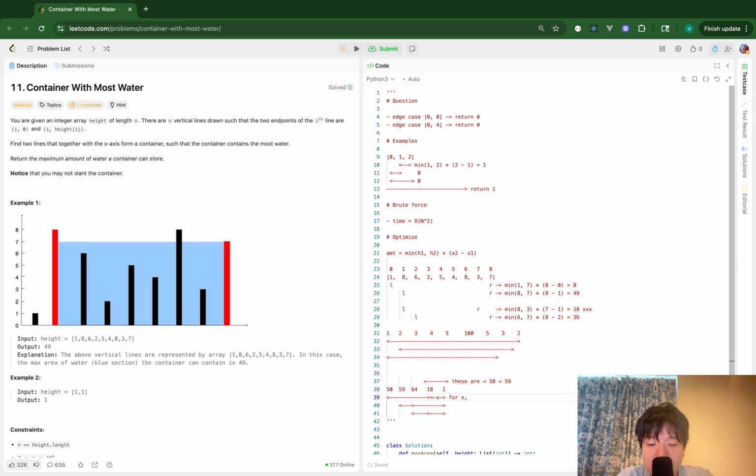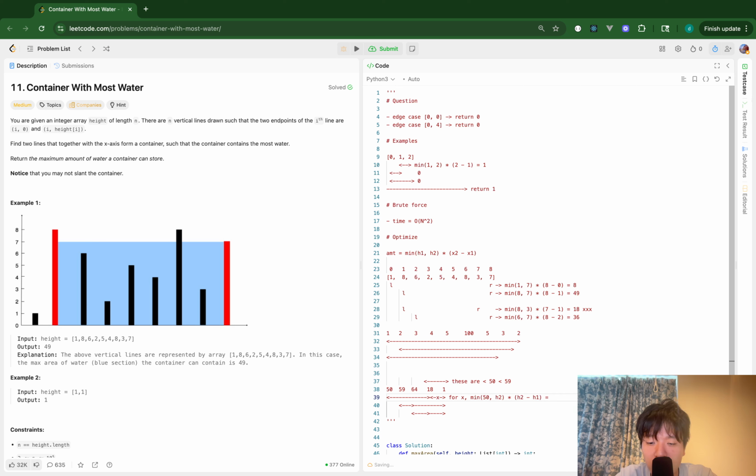For x, you know, the amount of water is 50 and something times H2 minus H1.